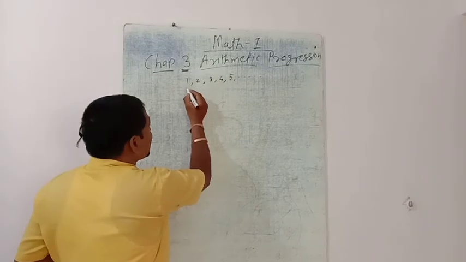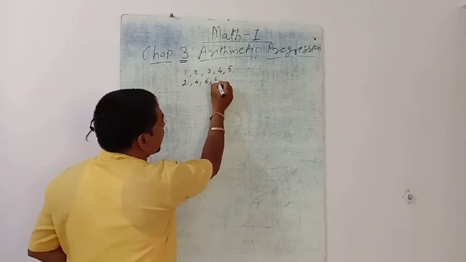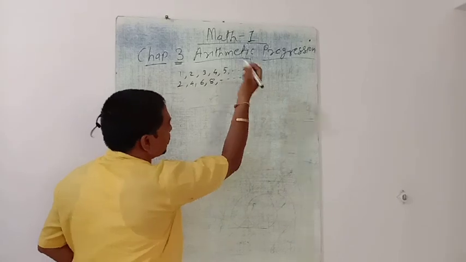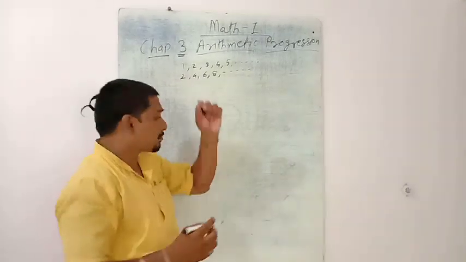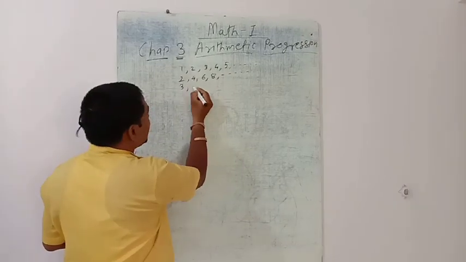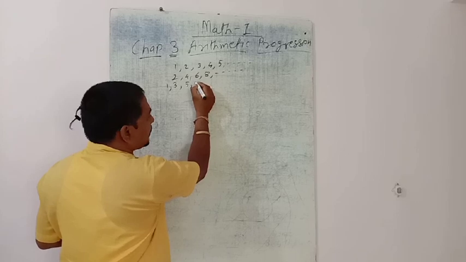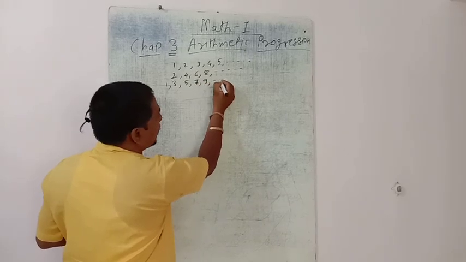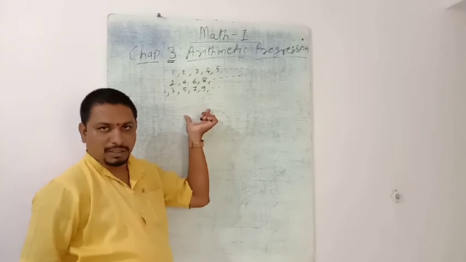Another set, 2, 4, 6, 8, and so on, is the even number set. Now 1, 3, 5, 7, 9, and so on, is the odd number set.